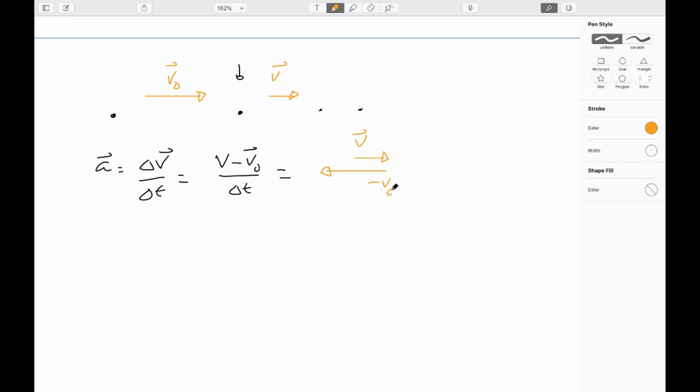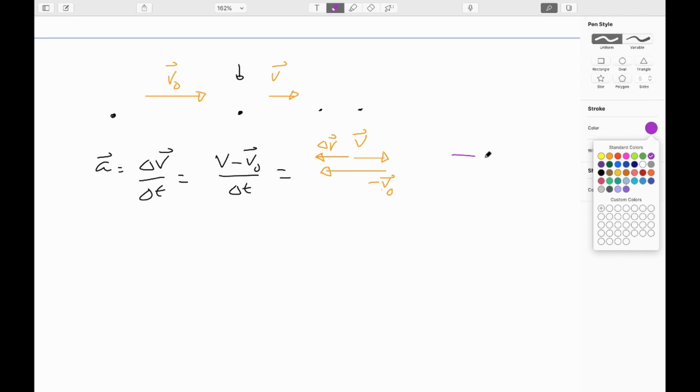Technically I should be laying the vectors right on top of each other, but then it'll be really unclear to see. So this would be my delta v, and we know that the acceleration has to be proportionate to my delta v, but pointing in the same direction. So this is like we saw in the previous video series. If I'm slowing down, the velocity and the acceleration are anti-parallel.